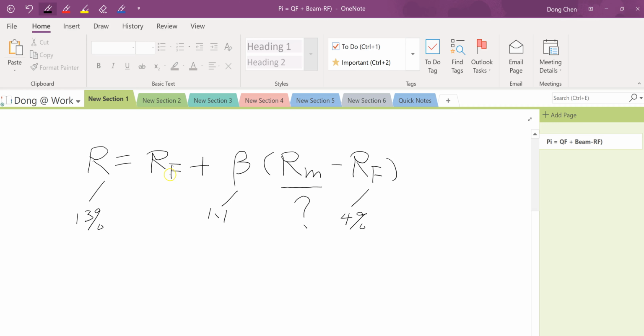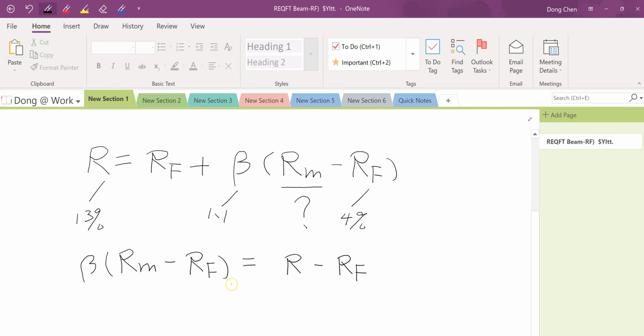First, move this R_f to the other side of the equation and change the sign. So now the equation becomes beta times R_M minus R_f equals R_i minus R_f. Notice that after I move the R_f to the other side, I change the sign.